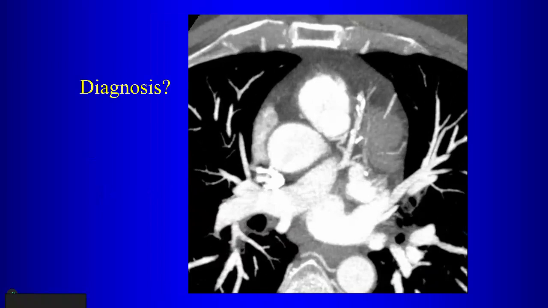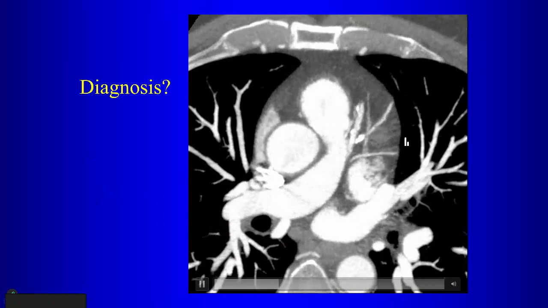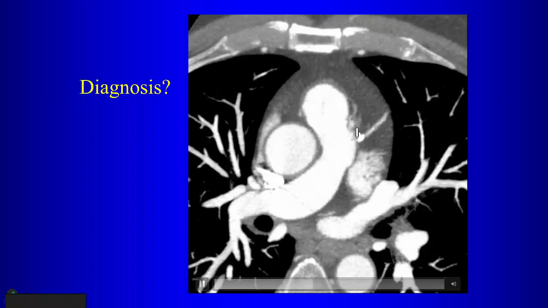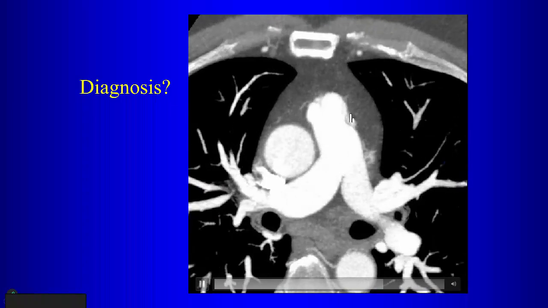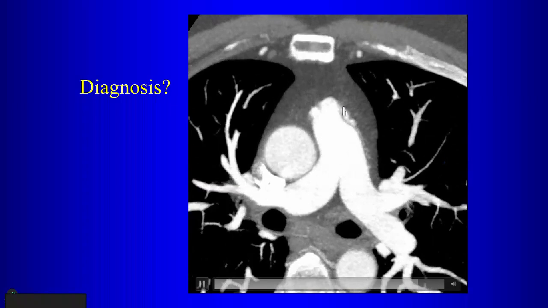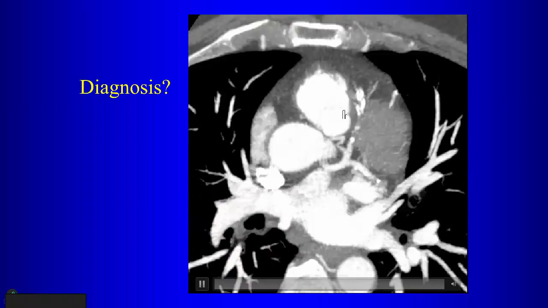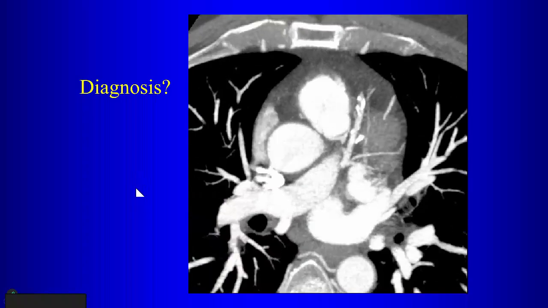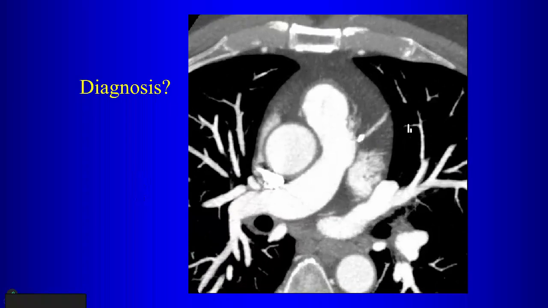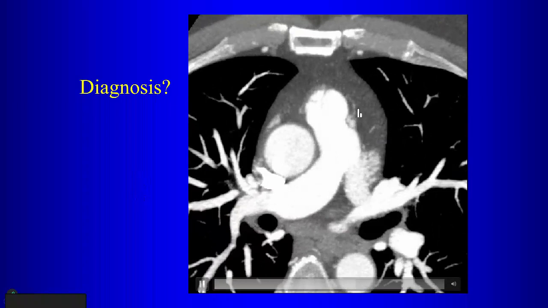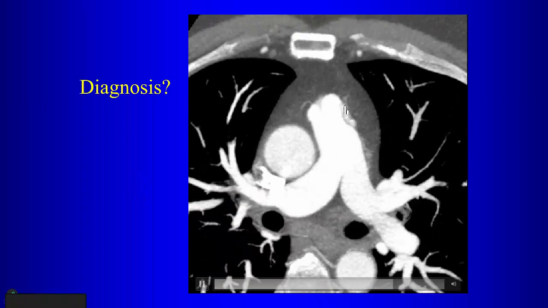There's a vessel that's connecting to the pulmonary artery. Yeah, so here is the left anterior descending coronary artery, and you can see that there's this branch coming off of it that is connecting to the pulmonary artery. Okay? So as opposed to ALCAPA, where you have the entire coronary artery originating from the pulmonary artery, here there's just a branch of the vessel that connects to the pulmonary artery.